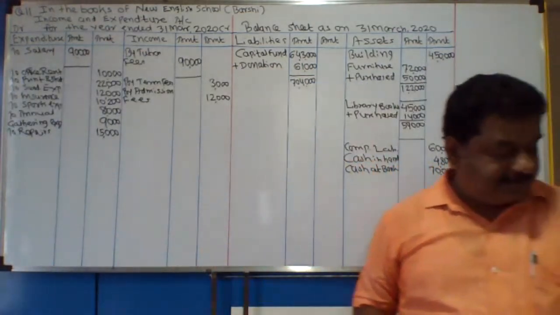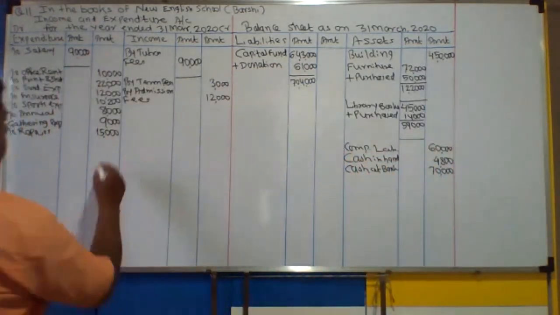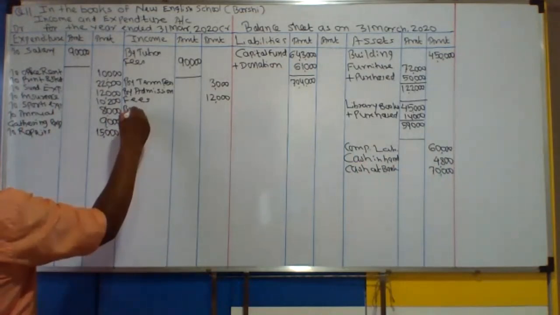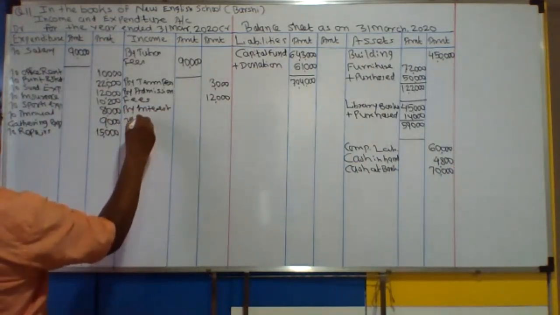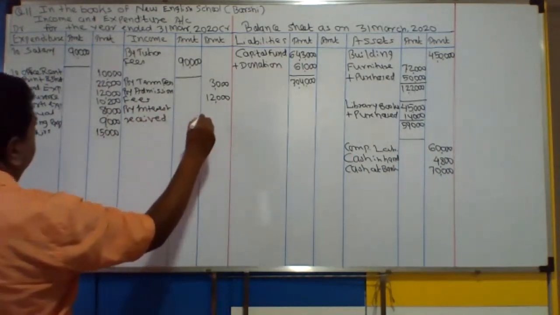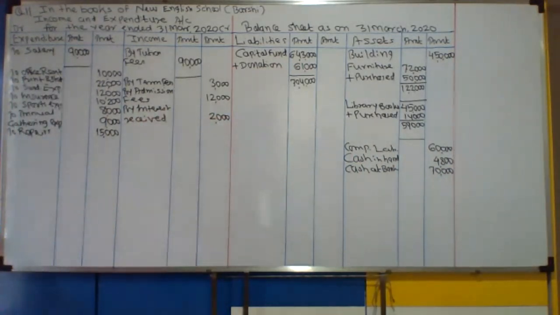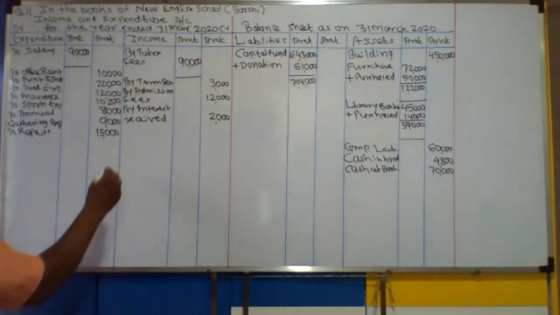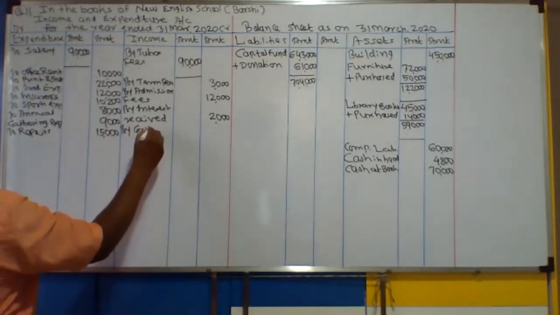Then thereafter interest received is an income, by interest received 2,000. Then government grant. In the bracket it is mentioned it is revenue income. Revenue मतलब income.